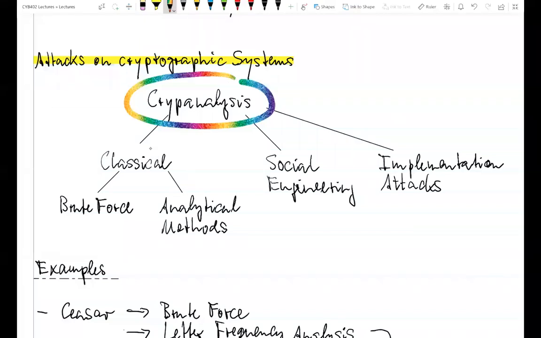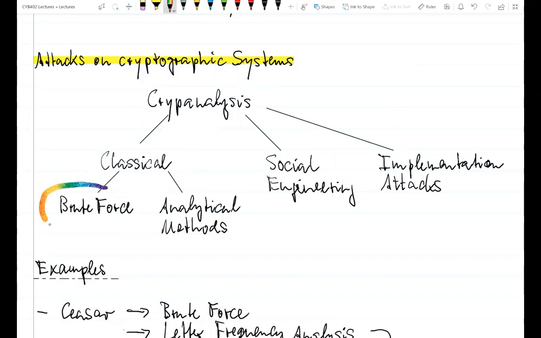Classically, we want to break a cipher by looking at a ciphertext and either trying all keys, which would normally be called brute force, or we have analytical methods that allow us to get to our desired result way faster compared to brute force.